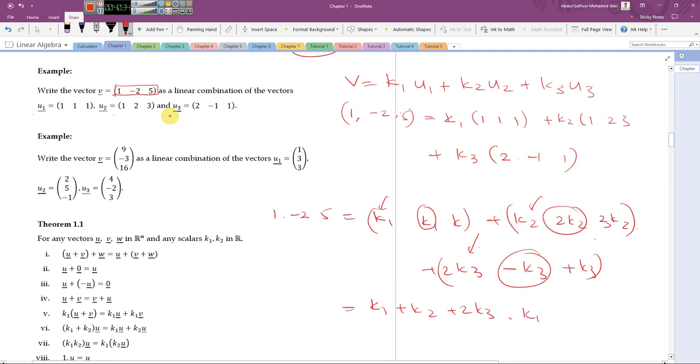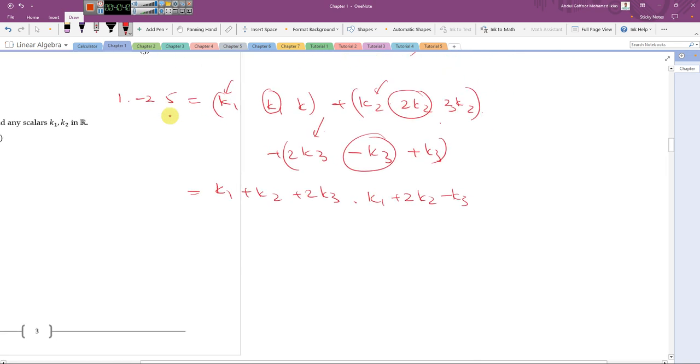So k1 plus 2k2 minus k3, then the component of the z axis: k1 plus 3k2 plus k3.